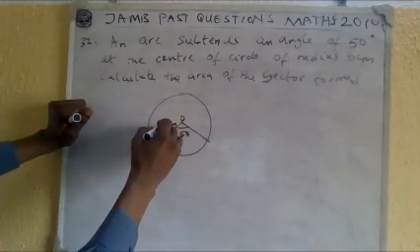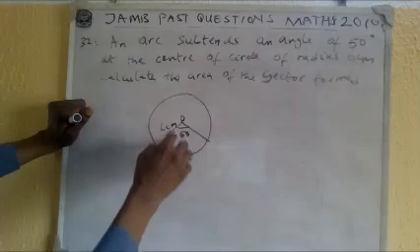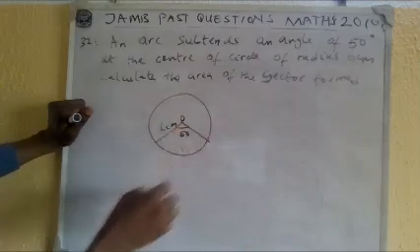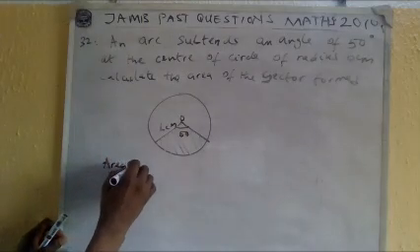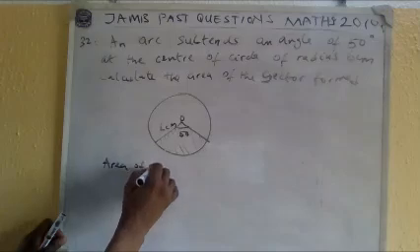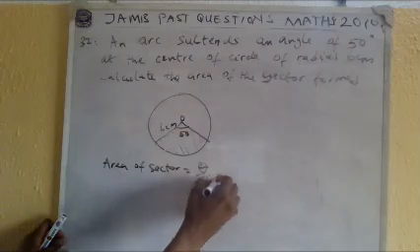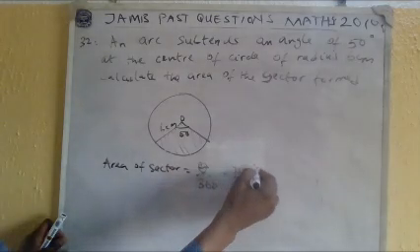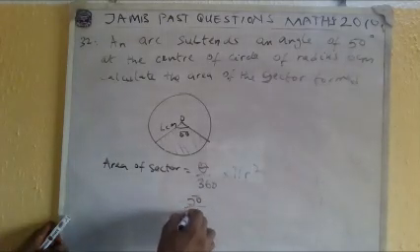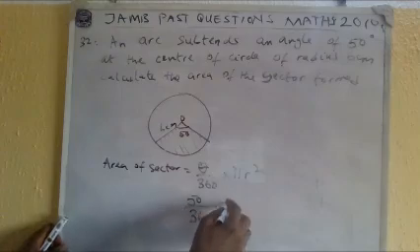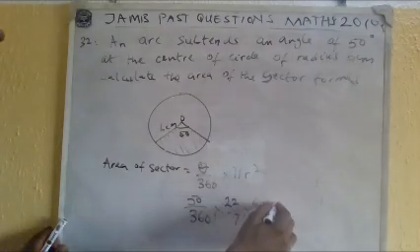They say find the area of the sector. So this sector now, I can shade it like this. We should find the area of the sector. So area of the sector is theta over 360 times pi r squared. So theta is 50 degrees over 360 times pi, 22 over 7, times 6 times 6.